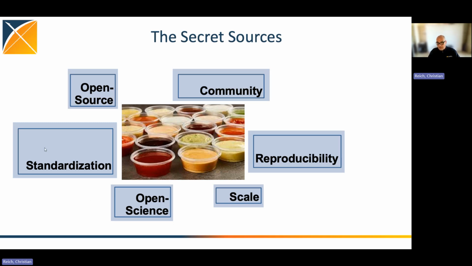There's a standard. It's the OMOP common data model. But there are also other things which get standardized, which are methods and tools and approaches. And it scales. It's supposed to scale, because we know that any one institution rarely has sufficient data to answer most of the scientific questions that we are facing.